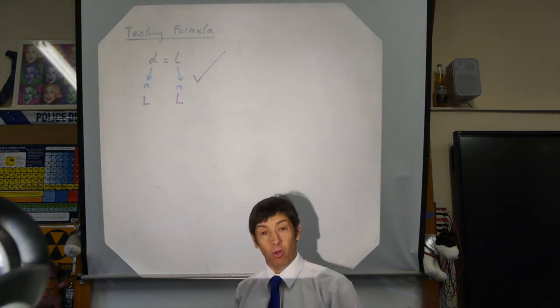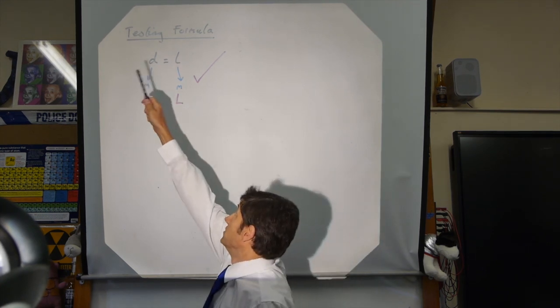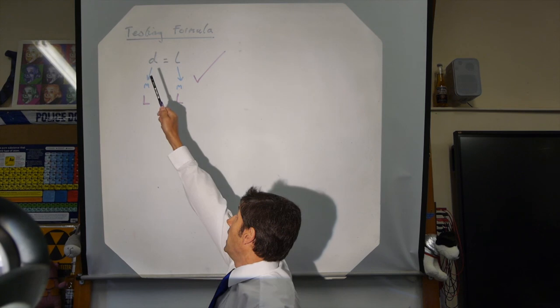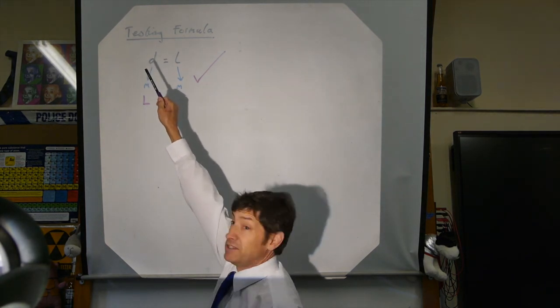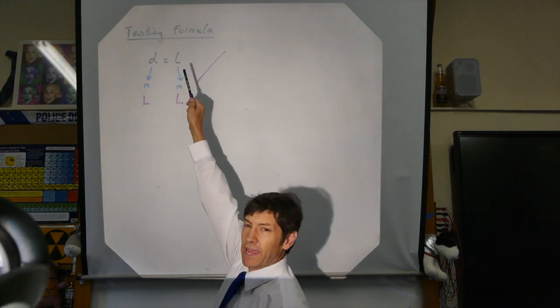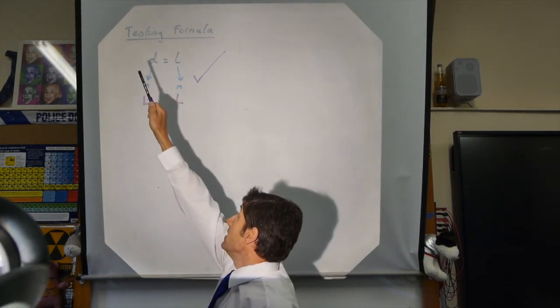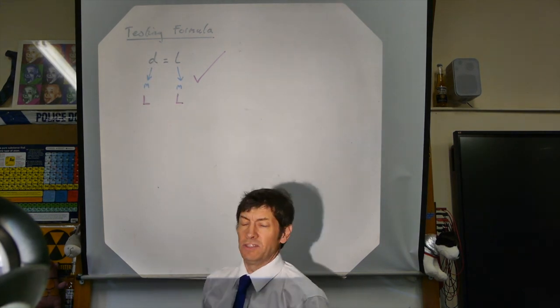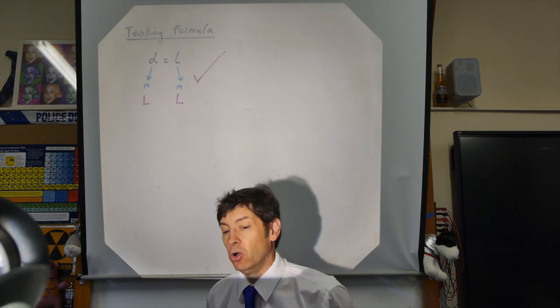Now, where it can be wrong, of course, while still dimensionally consistent, is what the numbers are in front of these. So you could say a distance here is equal to a length there, and you could make it in the same units, but you could say 10 meters equals 12 meters, which is utter rubbish, where the quantities are wrong.